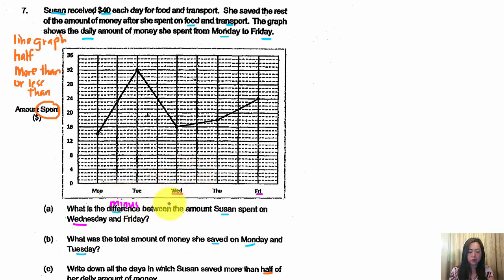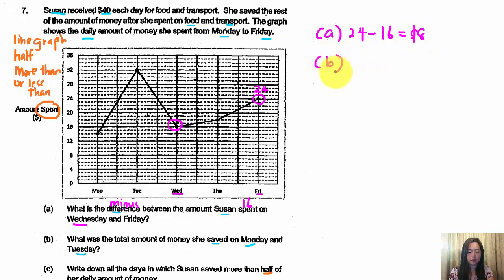So on Wednesday, Susan spent $16. On Friday, Susan spent $24. So the answer for A will be $24 minus $16, which is actually $8.